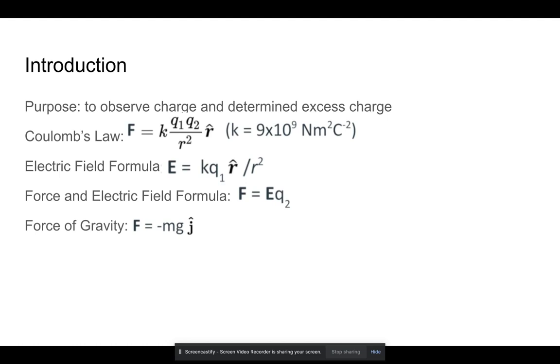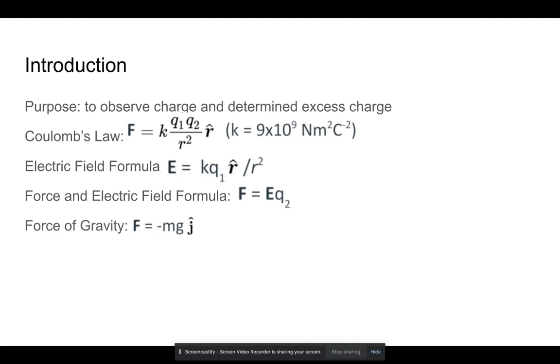By doing this, we are using Coulomb's law, the electric field formula, the force and electric field formula, and the force of gravity. Coulomb's law is used to look at two different charges a specific distance away from each other, with Coulomb's constant, and it determines a force.